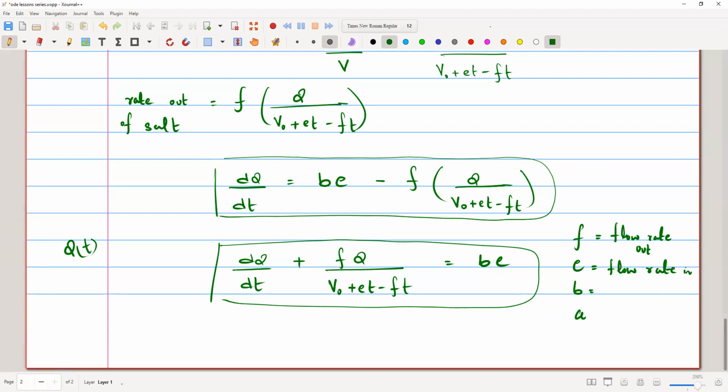And this is the amount of salt that is coming into the tank with the brine solution, and the initial concentration of salt in the tank.